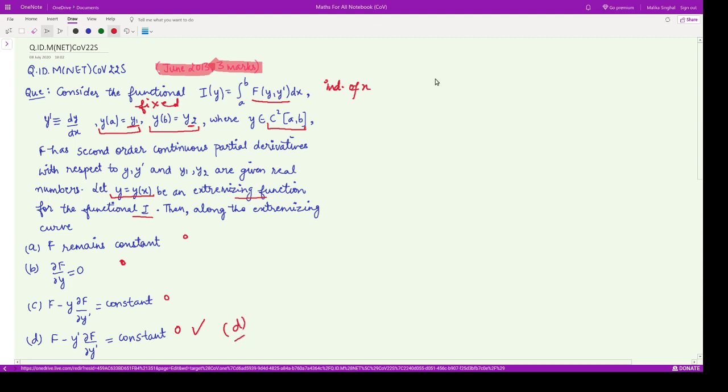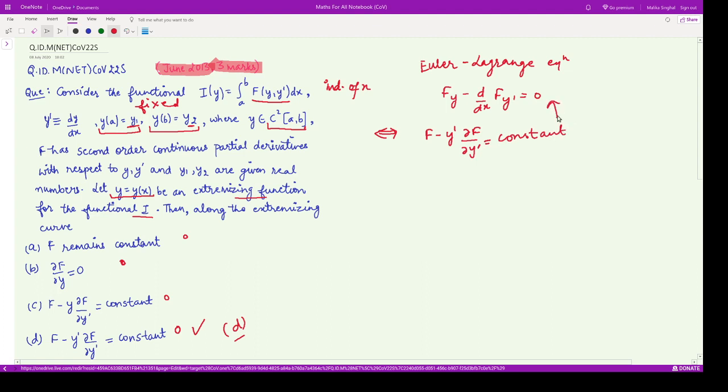But for those who only use this form of the Euler-Lagrange equation, which is the necessary condition to calculate the extremal, that is, we have f of y minus d dx of f of y dash is equal to 0, how can we derive this form, f minus y dash del f by del y dash is equal to constant, using this equation?